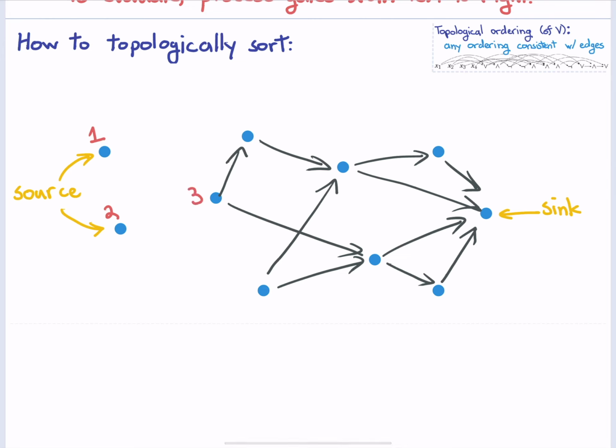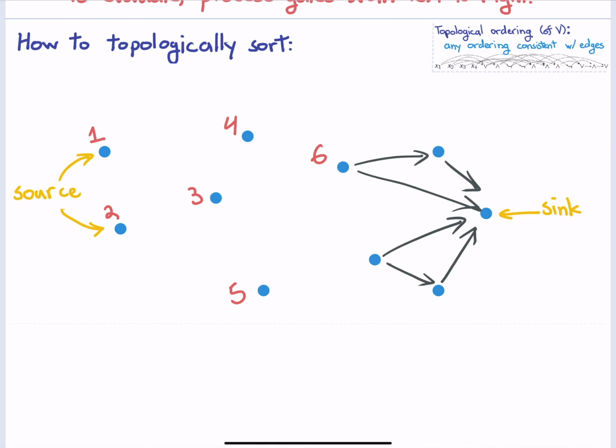So I could pick this as a source, erase those edges. That's a source, I erase edges. That's a source, I erase these edges, right? And I'm just going through, and each time I'm able to find another source, I remove it from the graph, and voila.